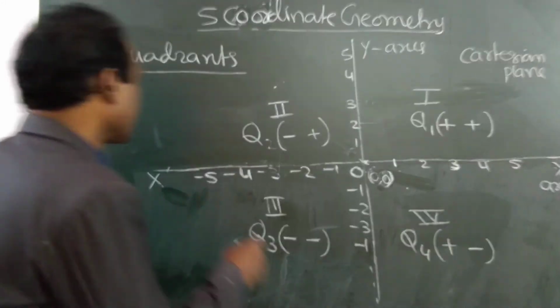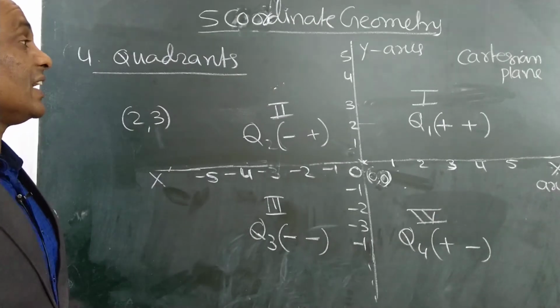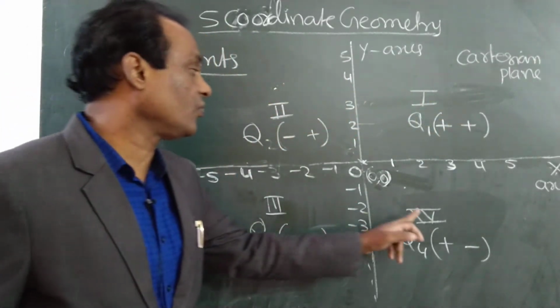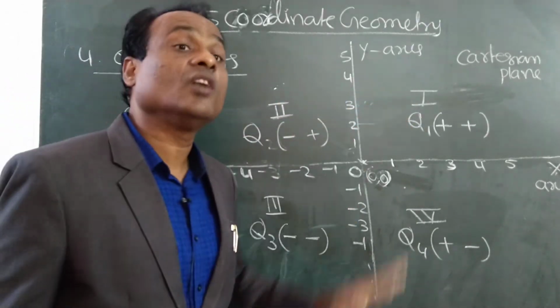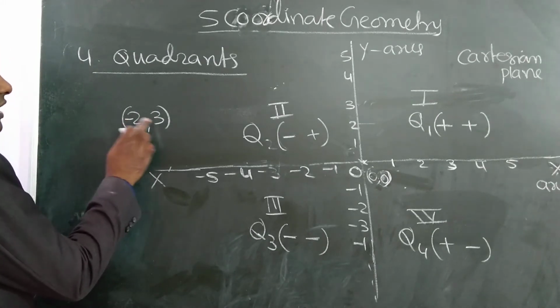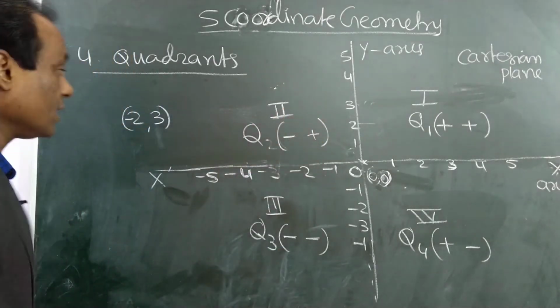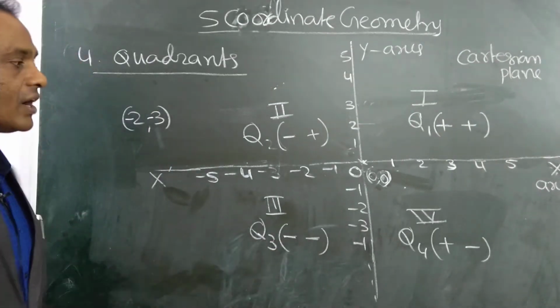Suppose I give the point 2, 3, my question is, where does it lie? Whether it lies in first quadrant or second or third or fourth. So the answer is, because both are positive, it lies in the first quadrant. Suppose I give like this: x value negative, y value positive. X negative, y positive means second quadrant. If both are negative, minus 2, minus 3, it will be in third quadrant.